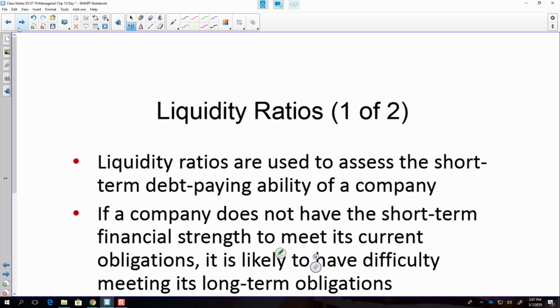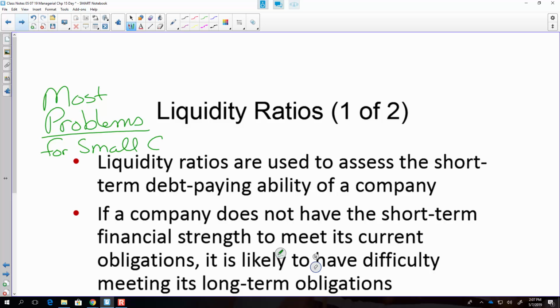If you are going to have difficulty with your operation, most problems for small companies revolve around liquidity. And this is actually not only a small company problem, but one that is growing. Sometimes companies grow too fast and simply run out of cash, right? That is basically the difficulty here. So measuring our liquidity is so important.